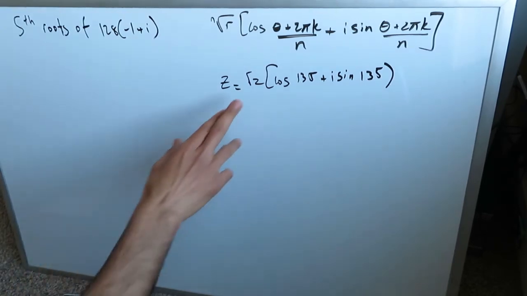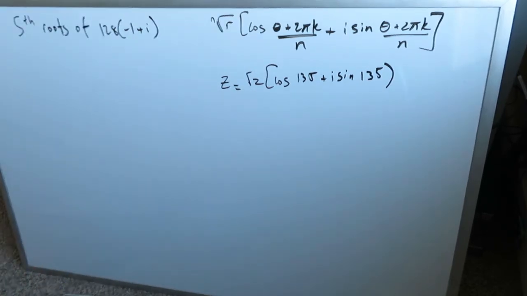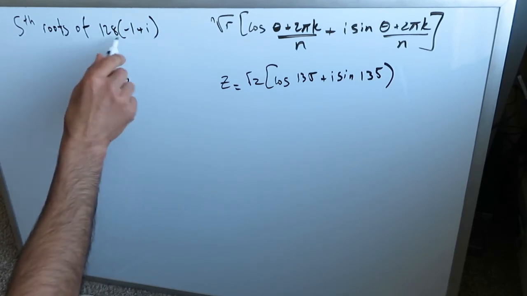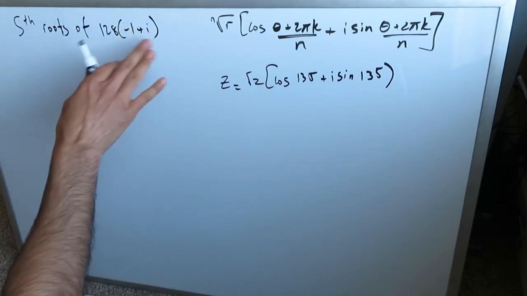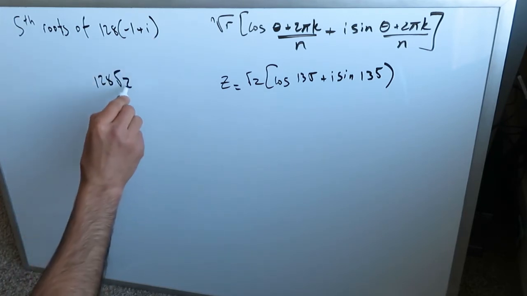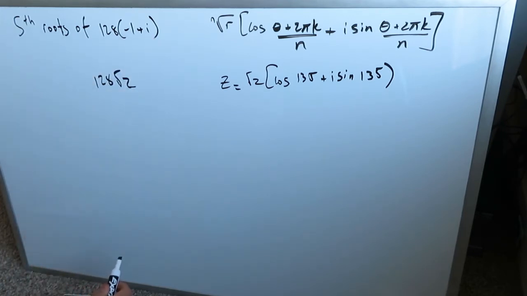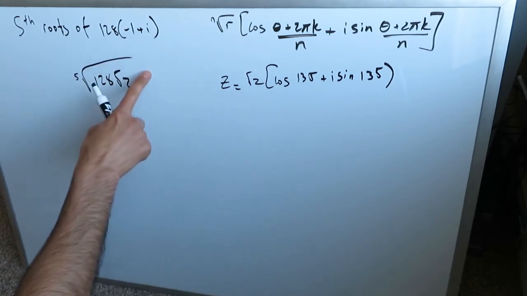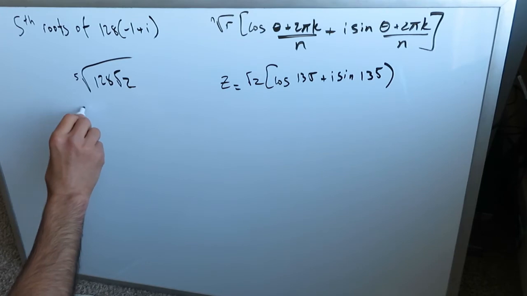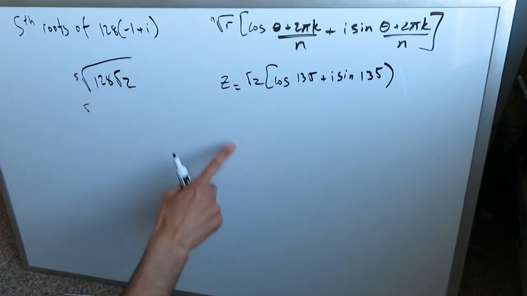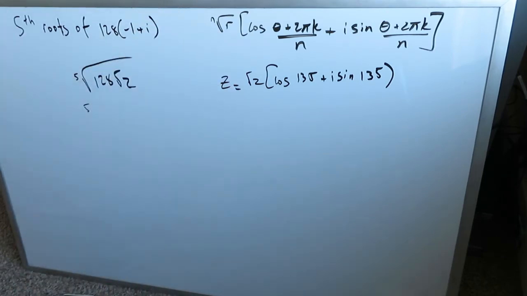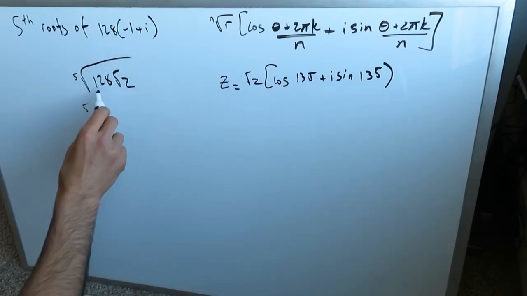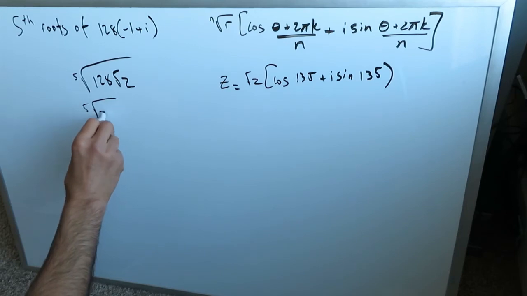So our complex number here has been determined to be root 2, but our complex number really is 128 root 2, because 128 is in a multiplicative aspect to this complex number. But we have to determine the fifth roots of all of this, don't we? Look what I'm doing over here. Now we have to actually do something, because when we run this down to the formula of the roots for those k values, we need to have a good value for our r. So 128 is really 2 to the power of 7.